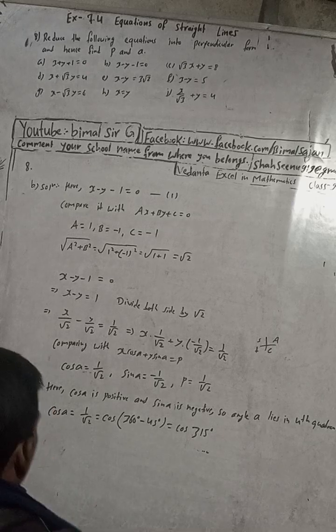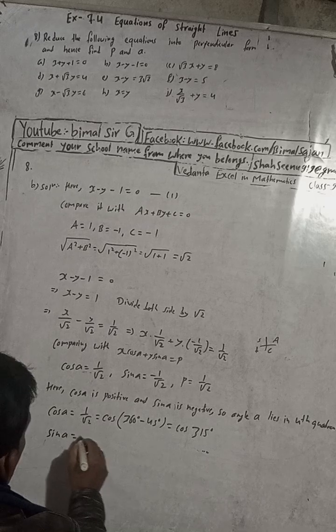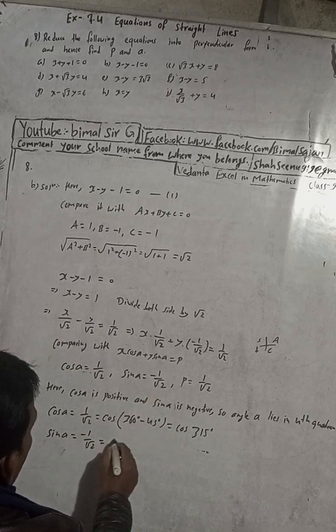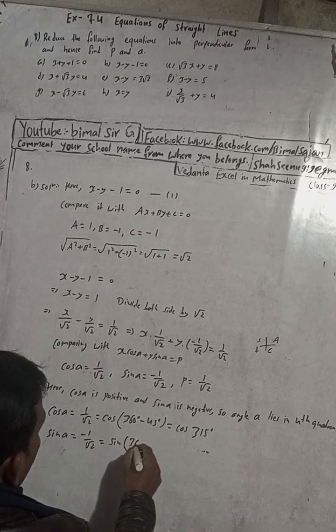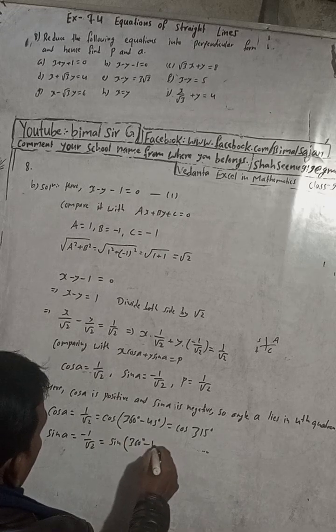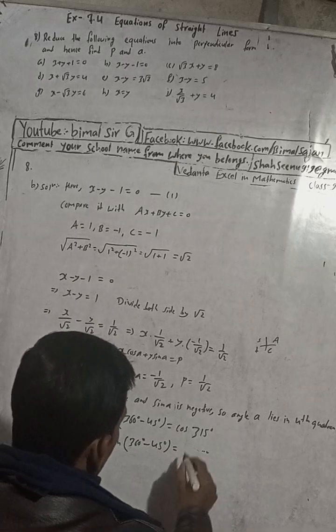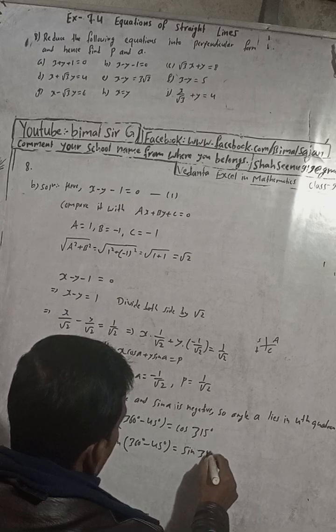Good. Now sin alpha. Sin alpha is equal to minus 1 by root 2, this is sin and this is minus, in which 360 degree minus 45 degree in the fourth quadrant. So this can be written again as sin 315 degree.